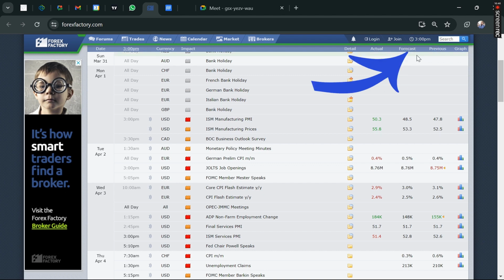The forecast is just like forecasting the weather before the actual weather comes. So there's usually a forecast, and then when the news is released, there's the actual. When the actual was released, it came out green because the actual was greater than the forecast. The forecast came out at 48.5, but the actual came out higher, which is 50.